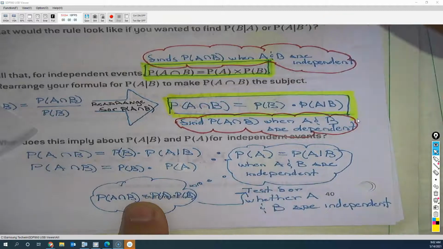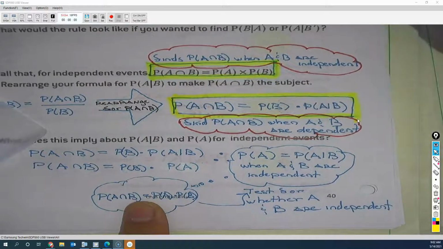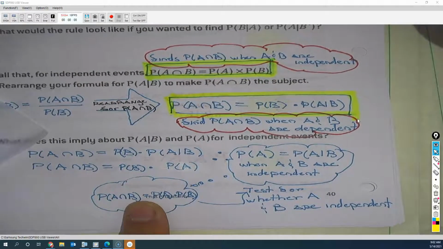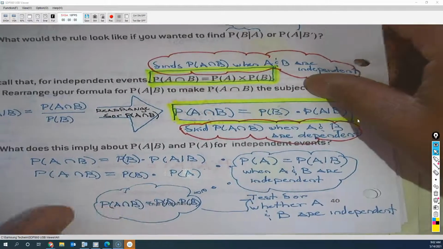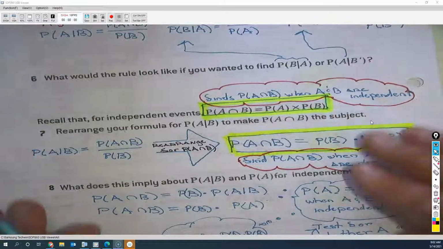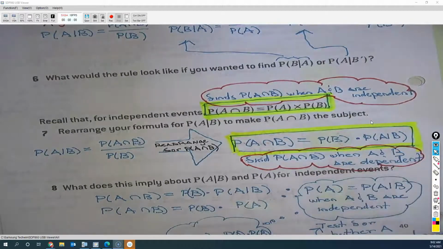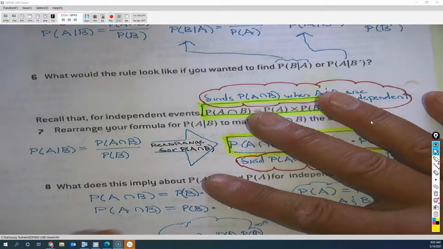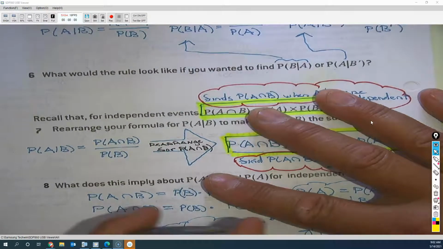All right, let's try an example here. I'm going to move this so it's easier to read.